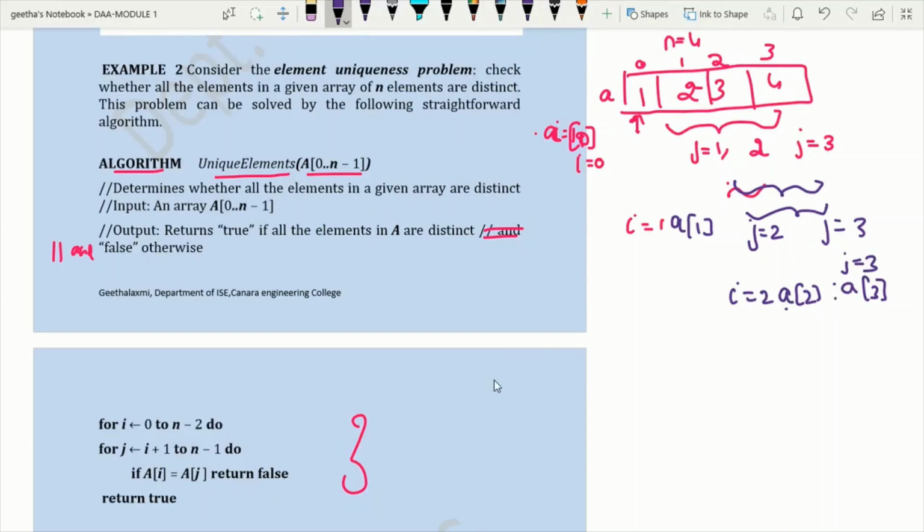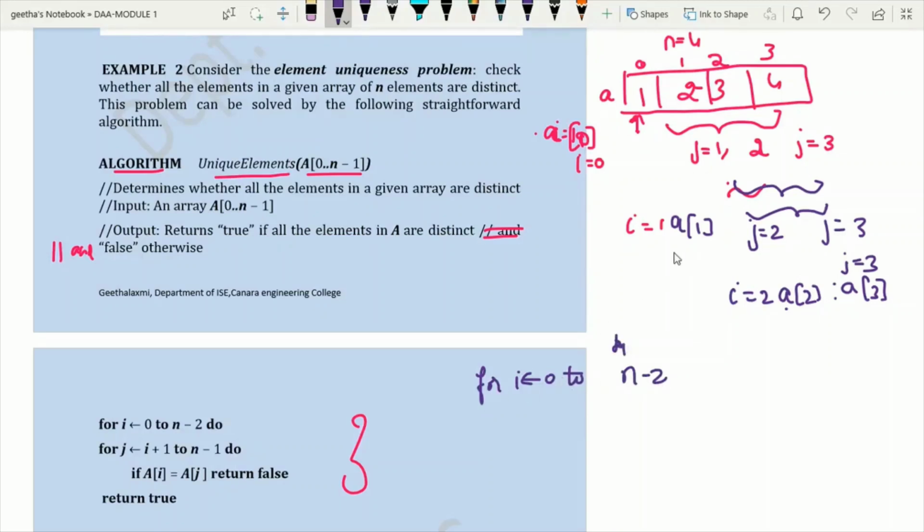So I can say that the outer loop i can go from 0 to 2. That's why I am writing for i equal to 0 to n minus 2. If n is 4, then it is 2.